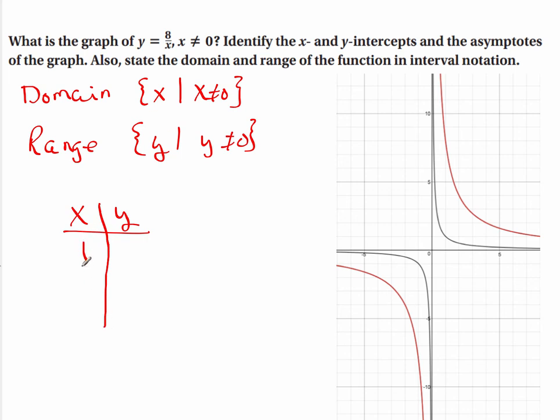When x is 1, y is 8 over 1, or 8. When x is negative 1, y is negative 8. So when you graph your points, it's going to approach the vertical asymptote and the horizontal asymptote. But you see it's always above the reciprocal function. When you graph negative 1, negative 8, that's down here, and again, it approaches the vertical and horizontal asymptotes.